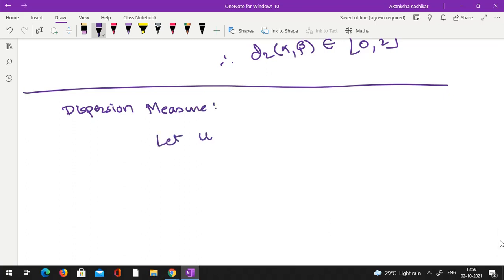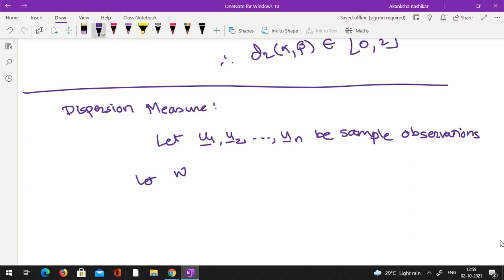Let u1, u2, ..., un be sample observations, of course they are all unit vectors, and let W be an arbitrary unit vector.